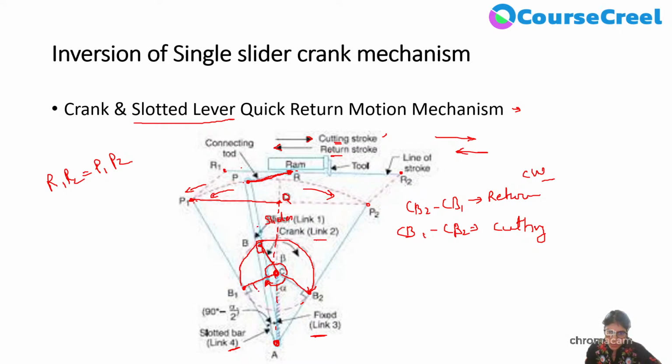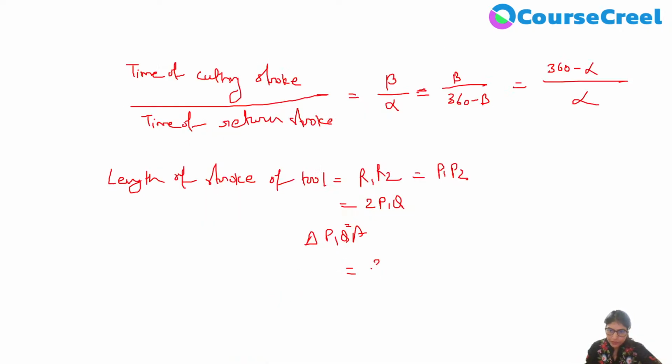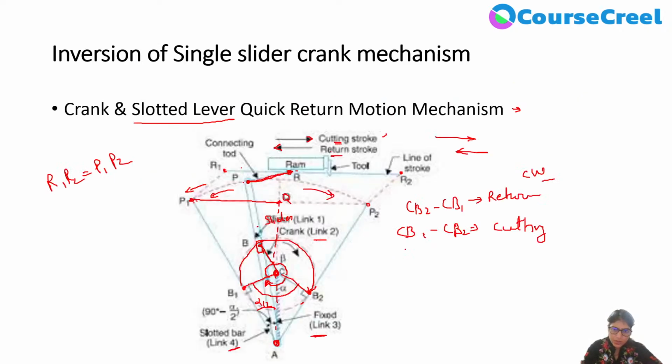So suppose look here, this complete angle is alpha, so this angle will be half of it, alpha by 2. So if we want to define this P1Q, it will be 2AP1, and if we take the cos term, it will be 2AP1 cos alpha by 2.